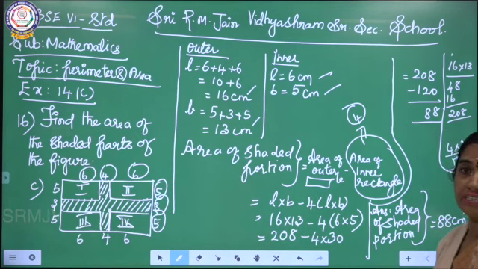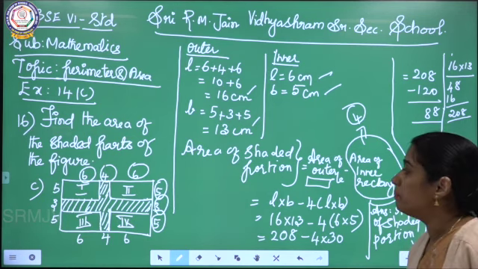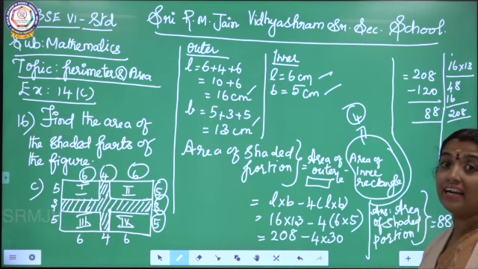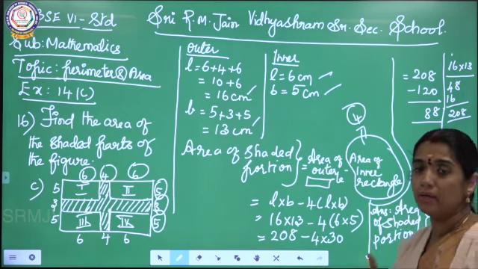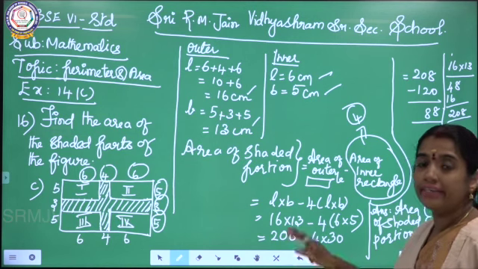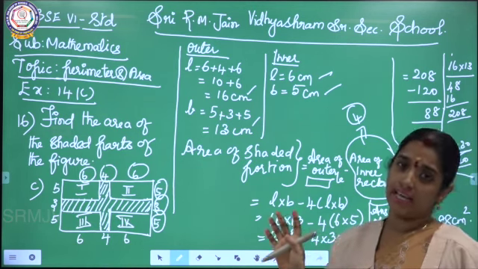See, in the previous sum, for inner rectangle, only one rectangle is there. But here the inner rectangle is what? 4. So, I just multiply the inner rectangle length and breadth with 4 and then I can subtract that from the outer rectangle.